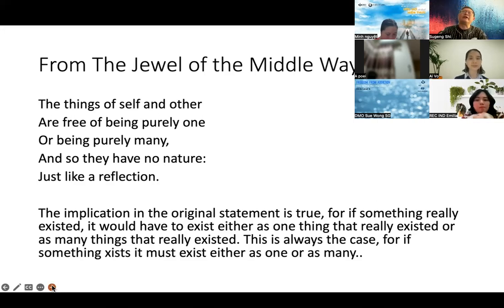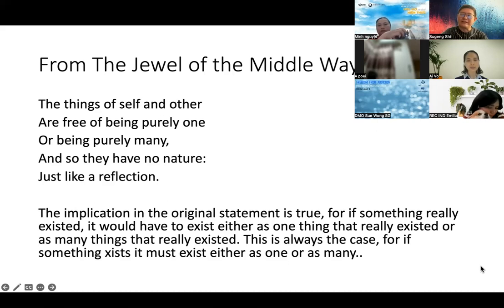I think you can expand this to many other things in life. Let's say we talk about self. You can say that the self is not really existent. Why? Sugeng, for example, cannot exist as one because Sugeng has parts: hands, head, body.